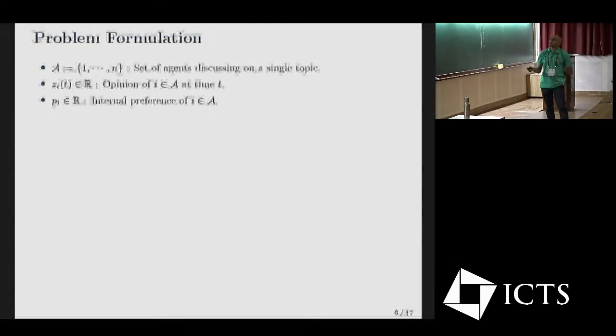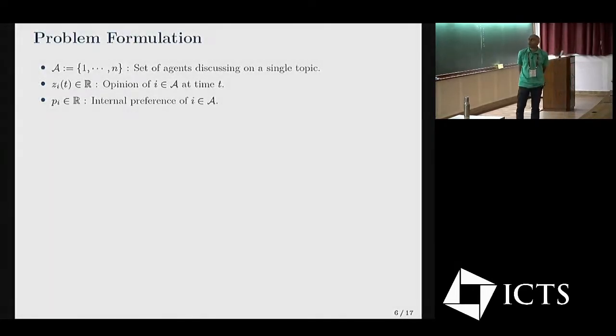We have a bunch of agents, 1 through n, and they're discussing a single topic. So they have opinions on a single topic, and these opinions are evolving. We use Zi of t to denote the opinion of agent i at time t. Pi is its internal preference on that topic. Pi could model a whole bunch of different things.